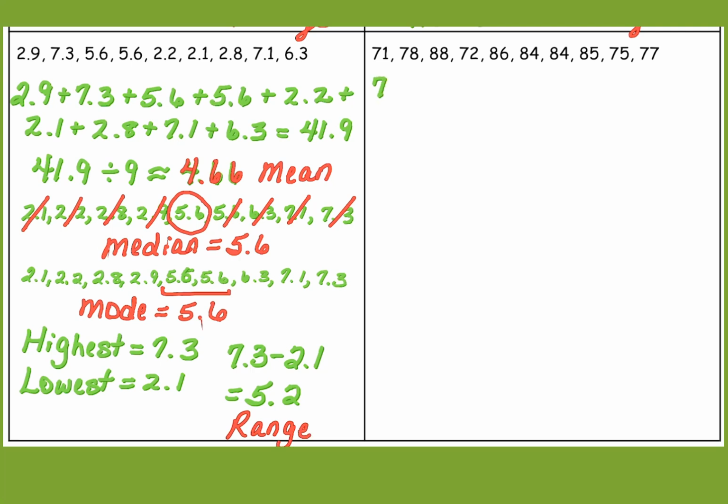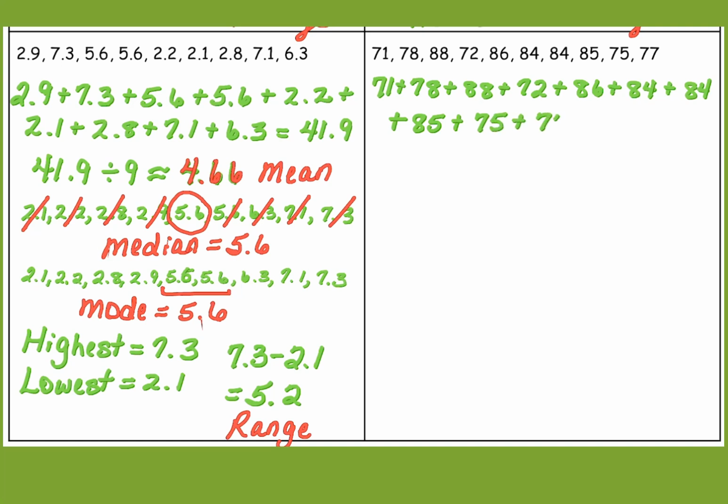In this next data set, let's find the mean again by adding up our numbers. We have 71 plus 78 plus 88 plus 72 plus 86 plus 84 plus 84 again plus 85 plus 75 plus 77.